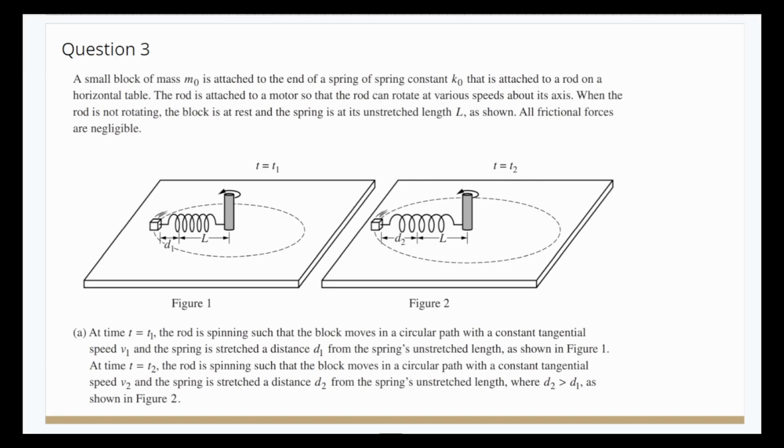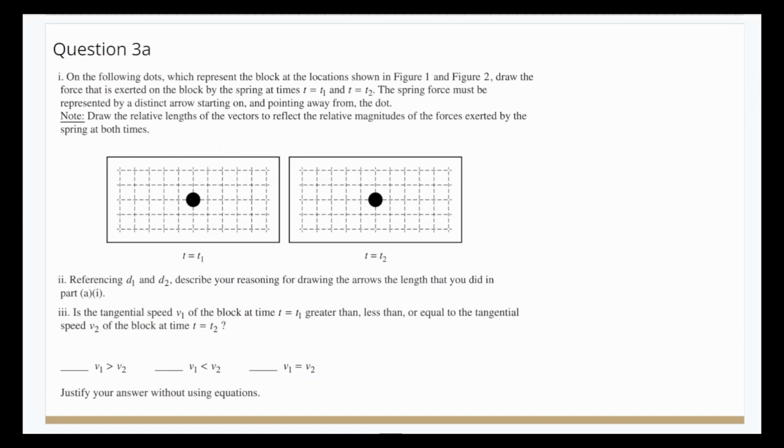So if we go back to the first page with the diagram, we can see that the spring is stretching in this direction. This means that the restoring force will act in this direction. Same thing for this one. The spring is stretched out this way, restoring force will act this way. So the direction for both is the same, except the magnitude for 2 is bigger, and our arrows should reflect that. So we can draw one like this and one like this, and that's 1.